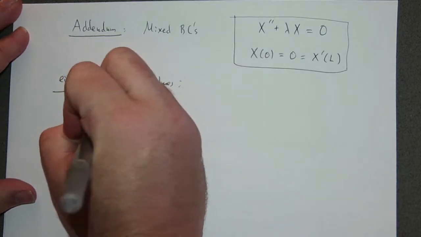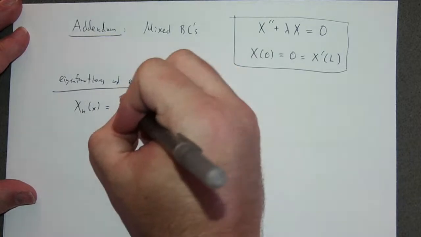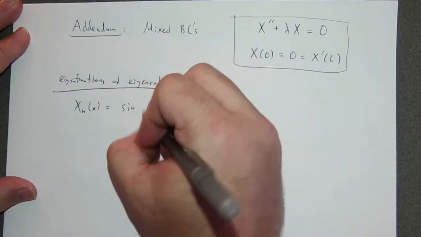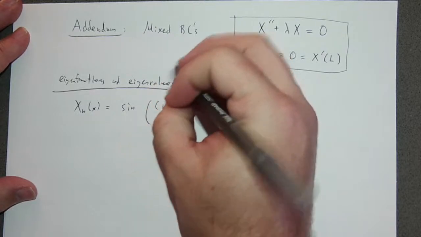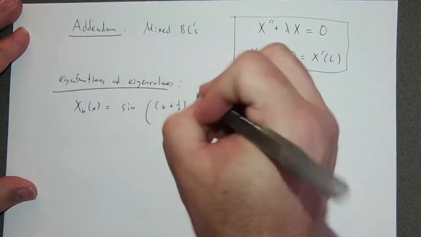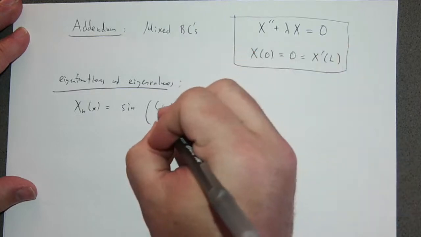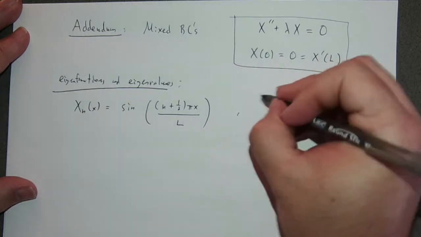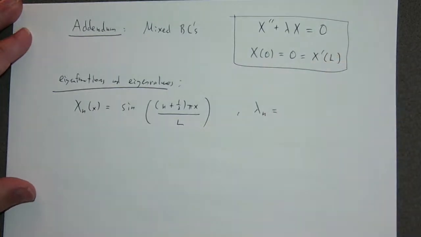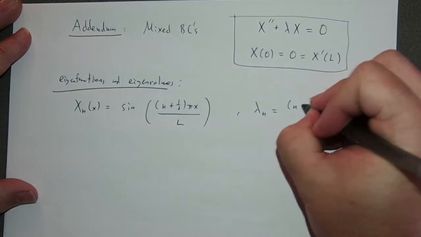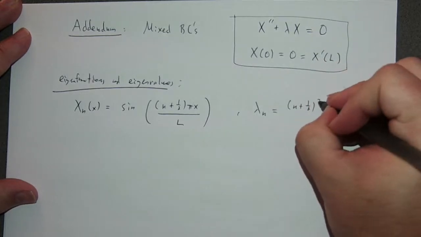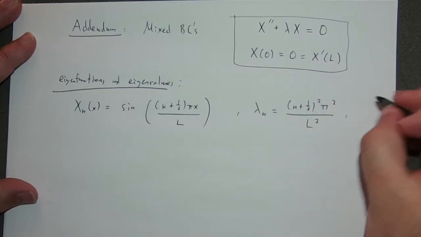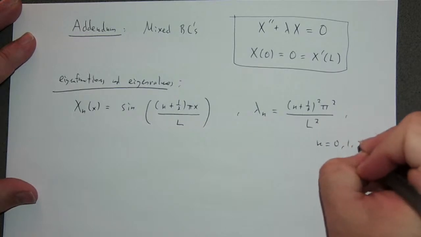X_n of x is sine of (n plus 1/2) pi x over L, and lambda_n is (n plus 1/2) squared pi squared over L squared, and n is 0, 1, 2, 3, and so on.